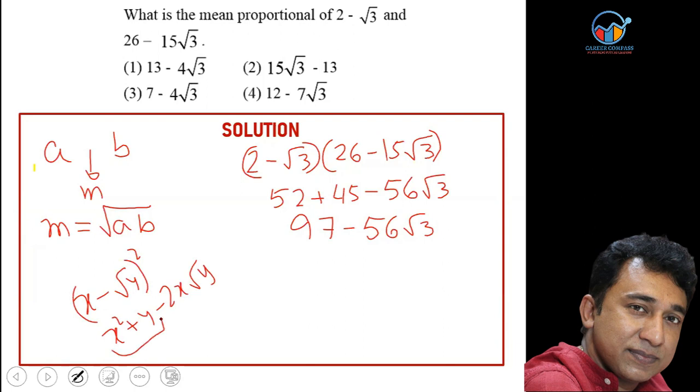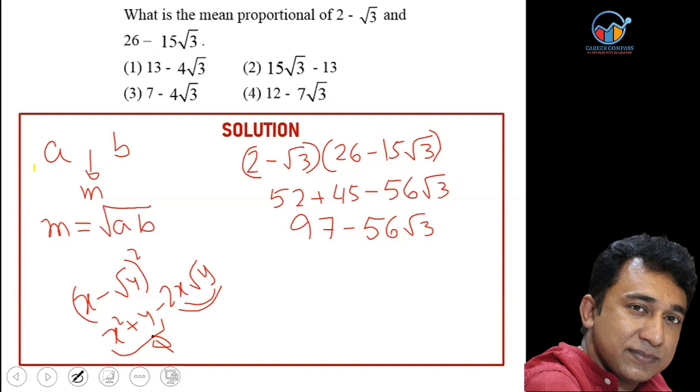So the part which is irrational has to be in the form of 2xy, right? And the part which is rational can be split up in the form of x square plus y square. So I'm going by that concept here.